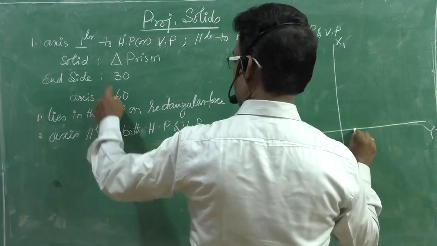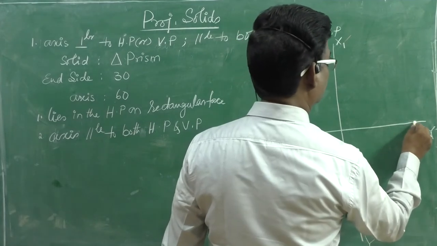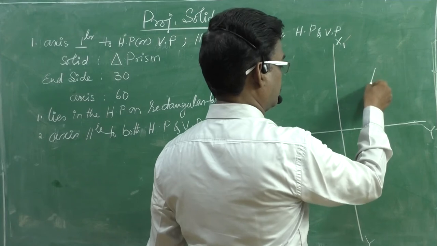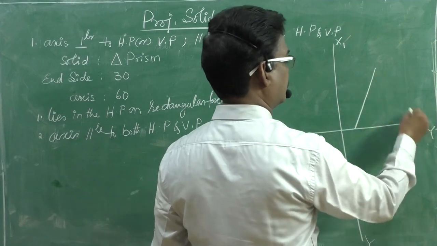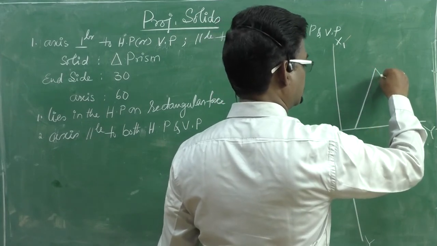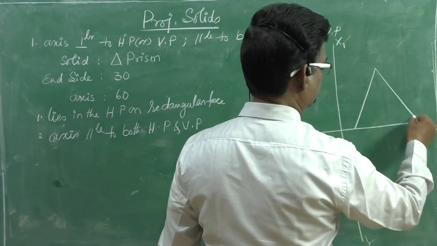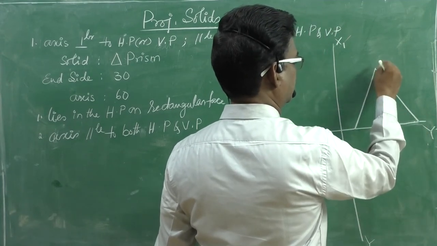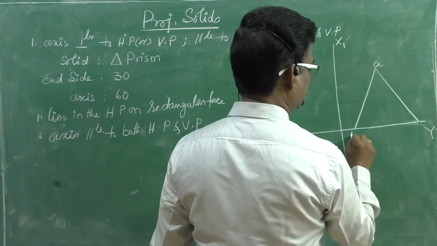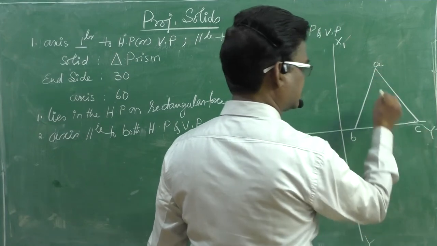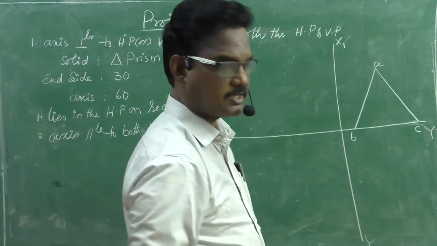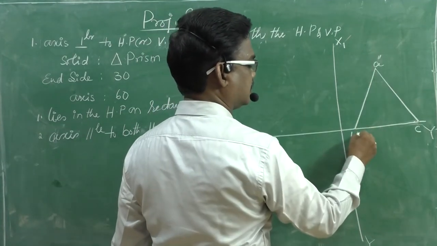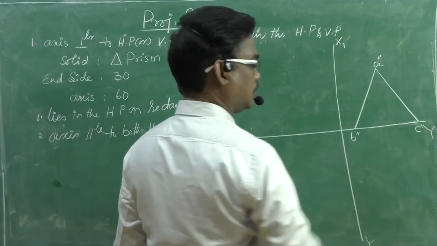Here, the end face side is equal to 30 mm, with an included angle equal to 60 degrees. 60, 60, 60. Let it be A, B, C. This is the side view, so I would like to give A double dash, B double dash, C double dash.